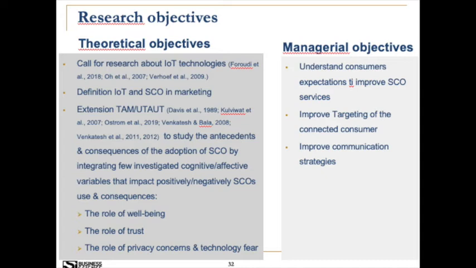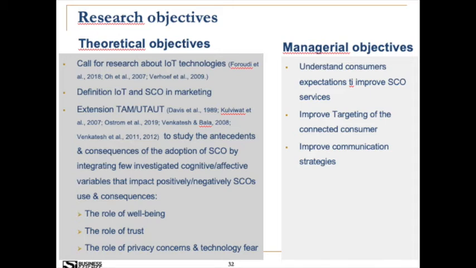Therefore, we have the following theoretical research objectives to fill in these gaps. We fill in the gap and come into a call for research about IoT technologies, and so research requires more investigations about IoT technologies and acceptance. We give a definition of IoT and smart connected objects in marketing.